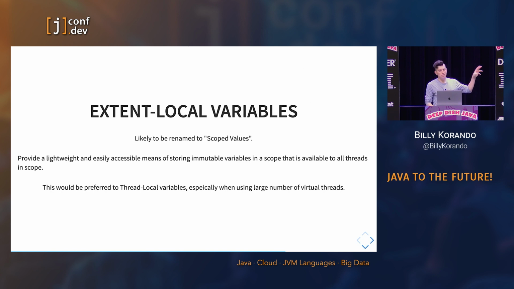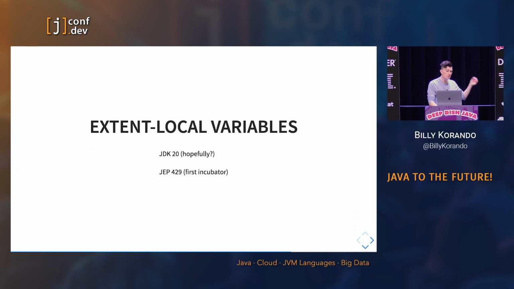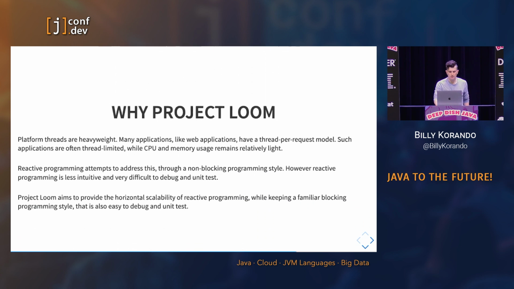So when you have some immutable value, it would be good to put that into a scoped variable. Hopefully this will be coming in JDK 20, but it will still be an incubator feature. Again, it's probably going to stay for a few JDK releases before making its progress into a preview feature and then eventually a general feature.